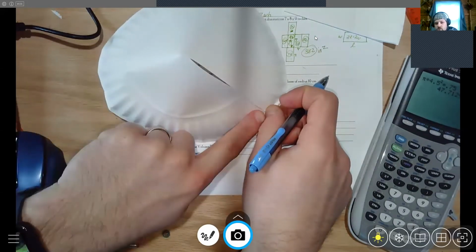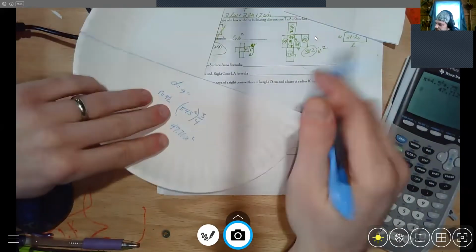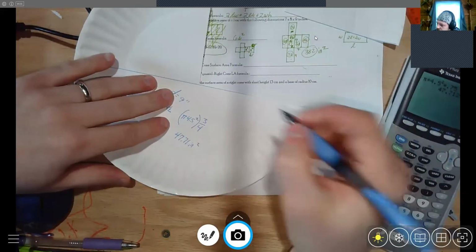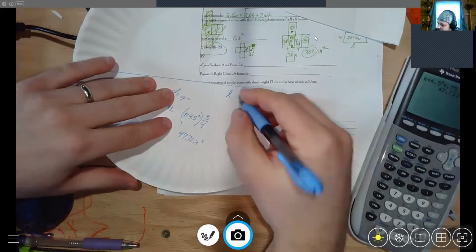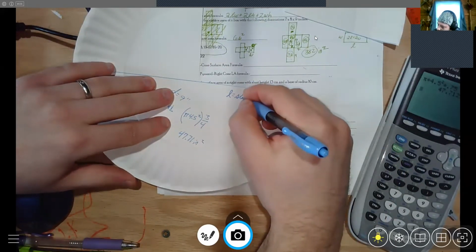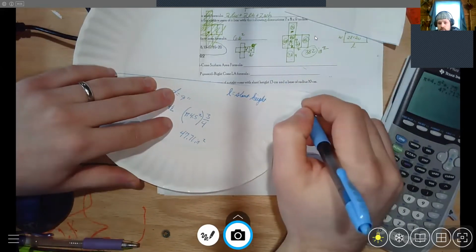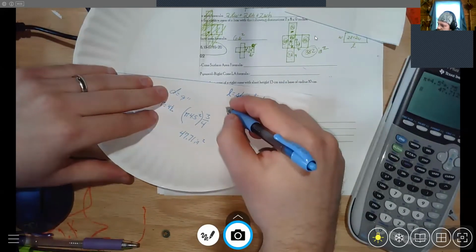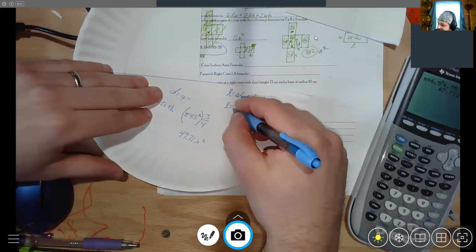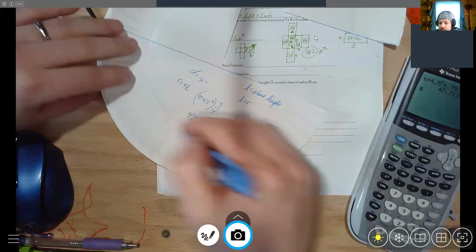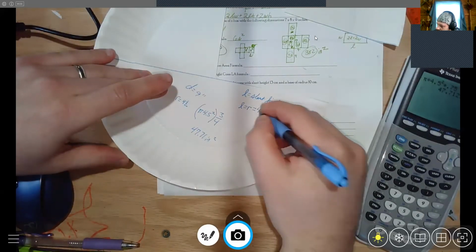We call that measurement in a cone the slant height. Strangely, we use a cursive L to denote slant height. So our slant height here is the same as the radius of my paper plate, which is 4.5.